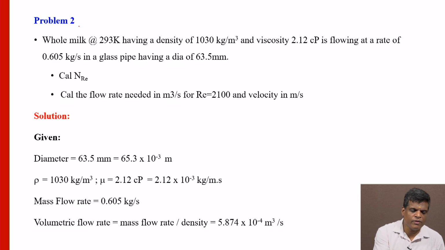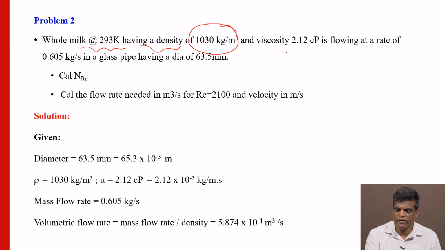Same way for problem 2, the whole milk at 293 Kelvin, the density is 1030 kg per meter cube, the viscosity is 2.12 centipoise, and it is flowing at the rate of 0.605 kg per second. The previous problem had volumetric flow rate, and here it is a mass flow rate.